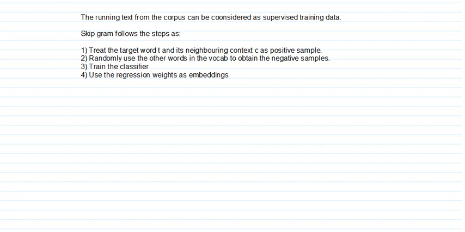Train the classifier such as logistic regression. So logistic regression is also a classification algorithm, but it is based on regression. So the regression weights can be considered as embeddings or word vectors.